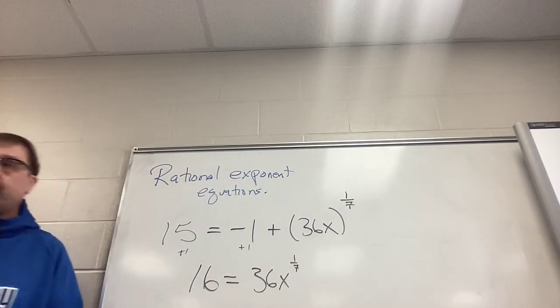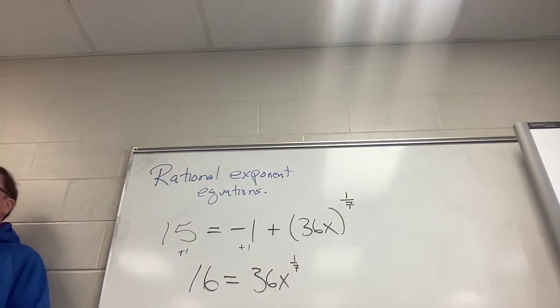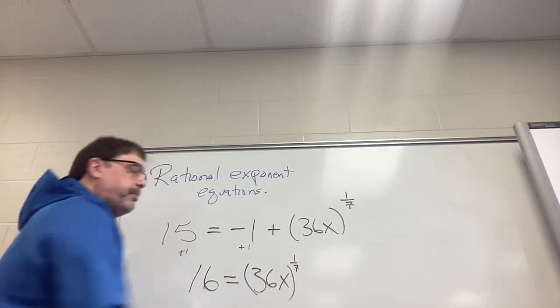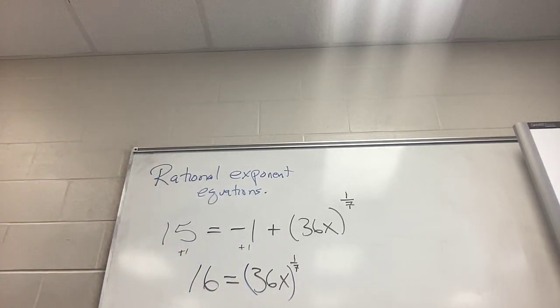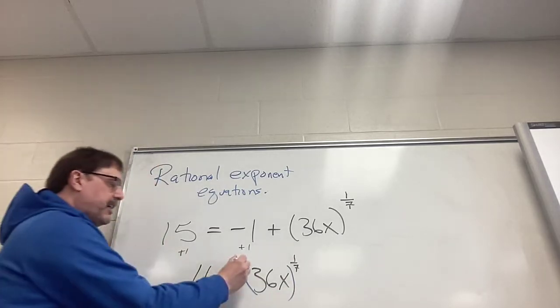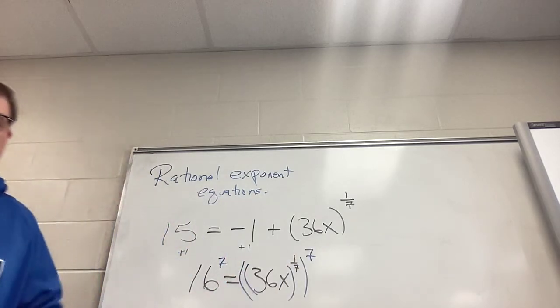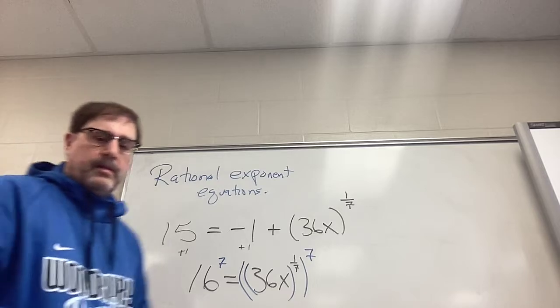That's going to be a pretty big number. Let's see, 36x to the 1/7, and this is in parentheses. You got to keep it in parentheses. Don't be stupid like me. Now, we simply take it to which power? To the 7th power. That's probably going to be a big number. I better do it myself.